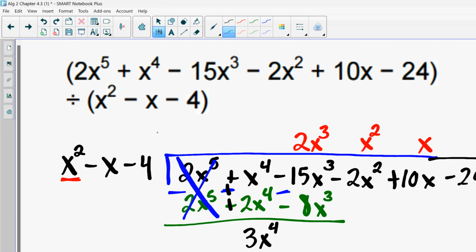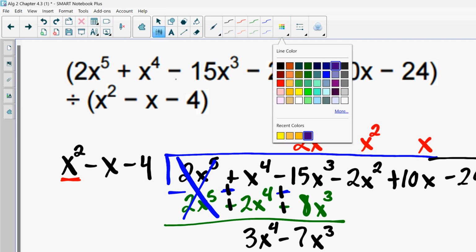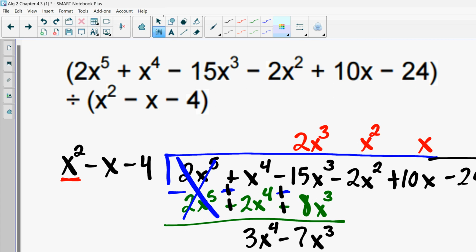Negative 15x cubed minus negative 8x cubed. Negative and negative would make a plus. Negative 15 plus 8 would be negative 7x cubed. And lastly, in this first part, we would bring down the negative 2x squared.